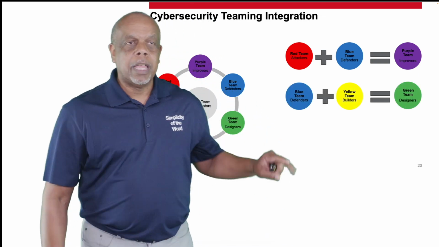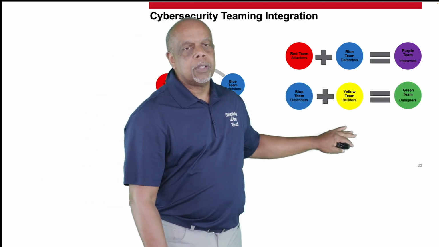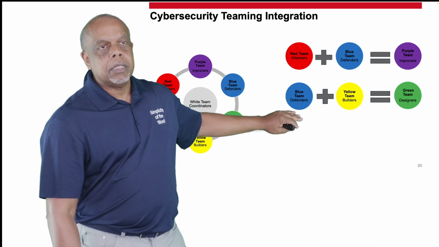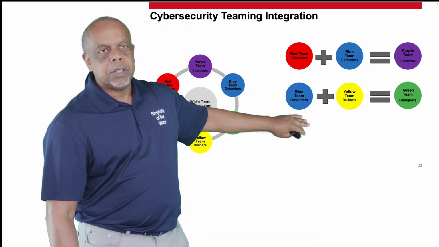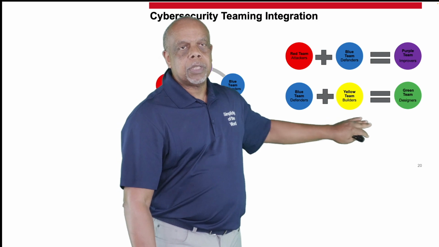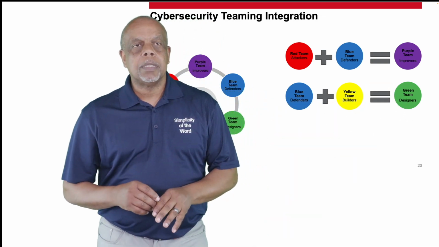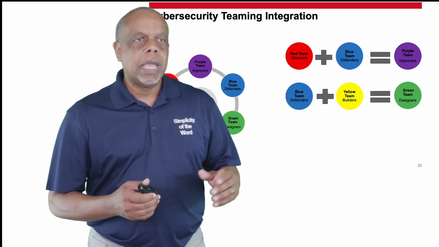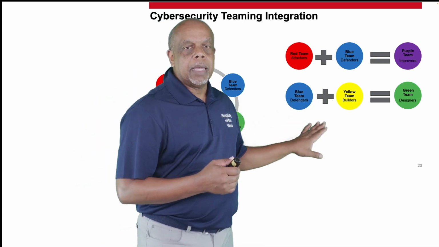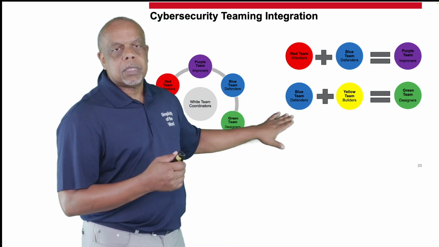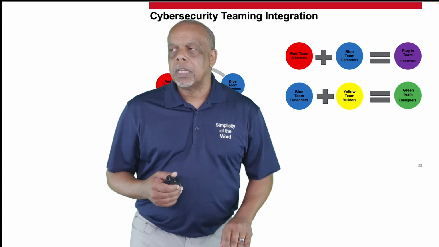All right. Now, if you remember, if you put blue and yellow together, you get what? Green. Yes. So if you bring the blue team, which are the defenders, with the yellow team, the builders, that's where that green team comes in. With the designers. So now what I want to be able to do is have my designers understand defensive security up front.